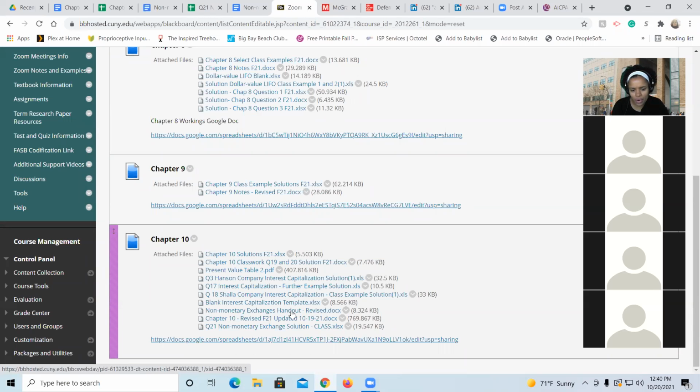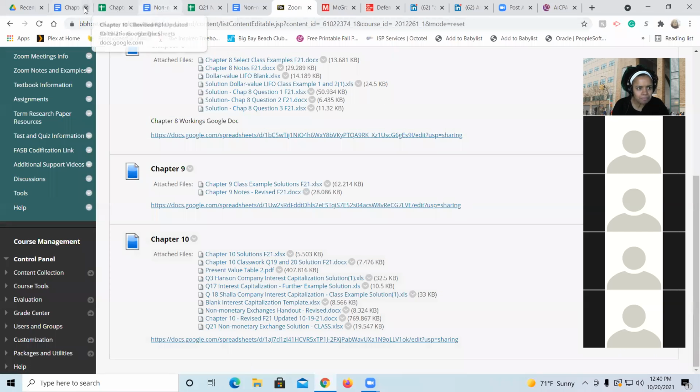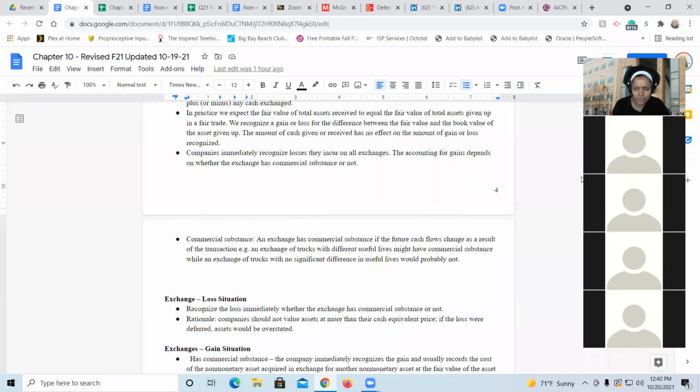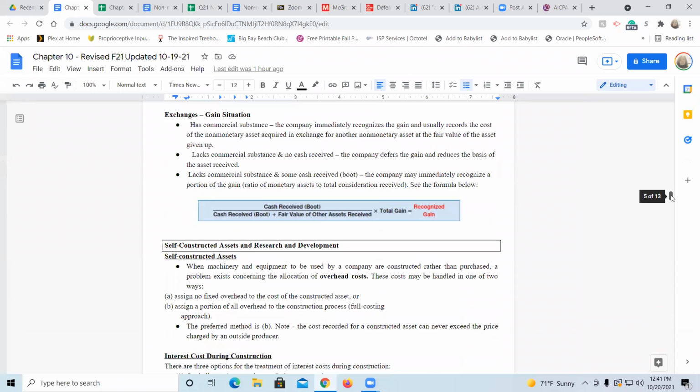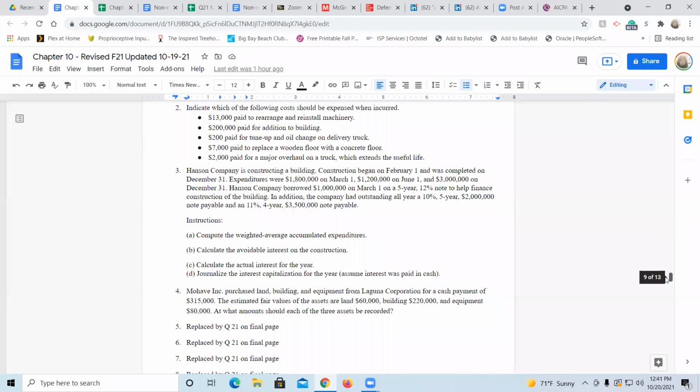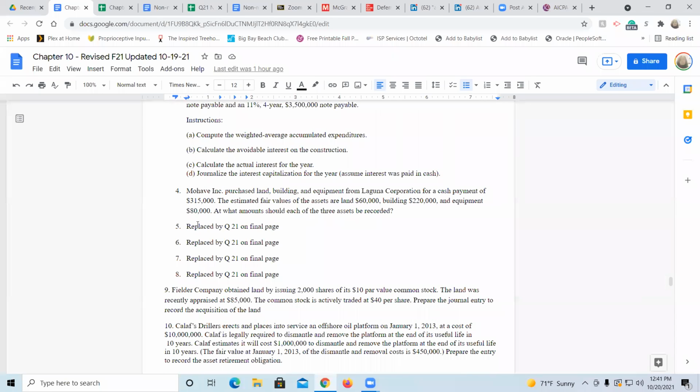And then also on our actual handout for class, just based on the conversation that I was having with your classmate, I realized that I needed to give a few more examples that were incrementally structured in terms of the work that we're doing for non-monetary exchanges.